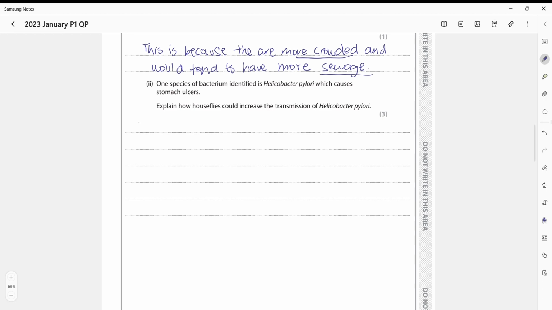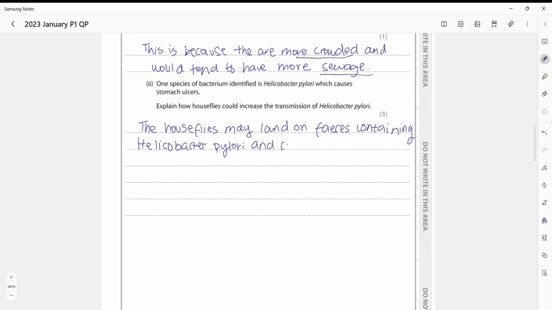So we could say the houseflies may land on feces containing Helicobacter pylori and could land on a person's food.